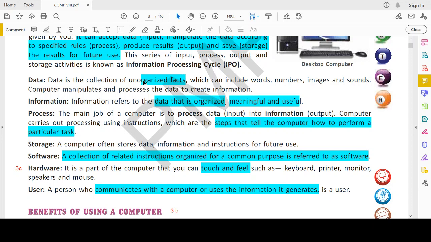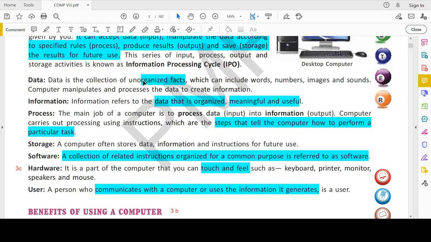For example, if we consider the number 50, will it have any meaning? No. If we write kg after this, it will mean 50 kg. Then you will understand this is a weight of an object.